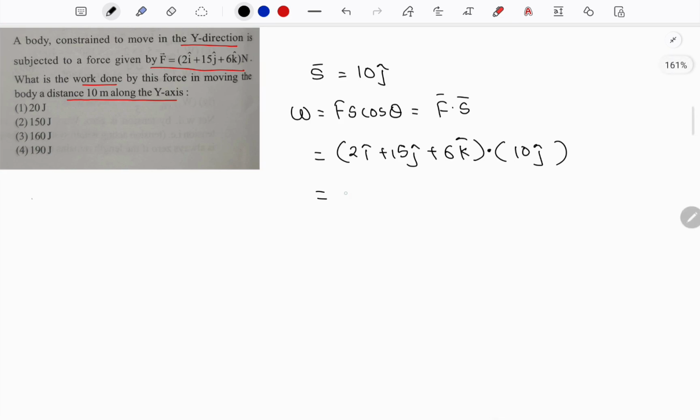So the only thing that remains is 15 j cap dot 10 j cap. 15 into 10 is 150, and j cap dot j cap is 1. We are finding out the work done, so the unit is obviously joules. So the answer comes out to be 150 joules, and the correct option therefore is 2.